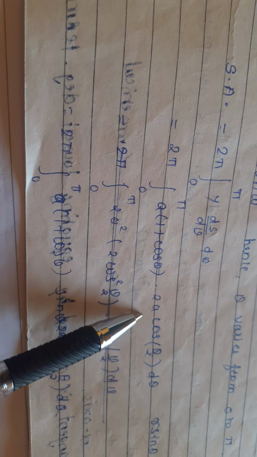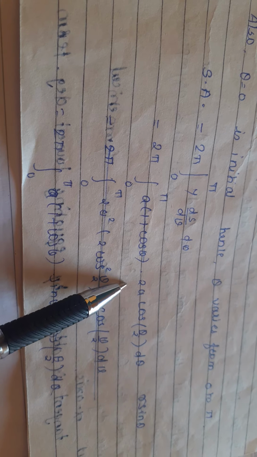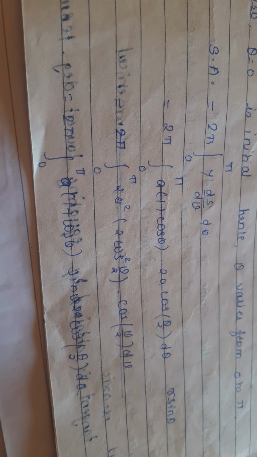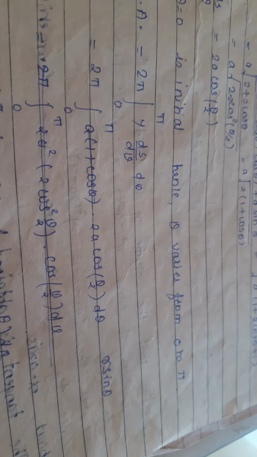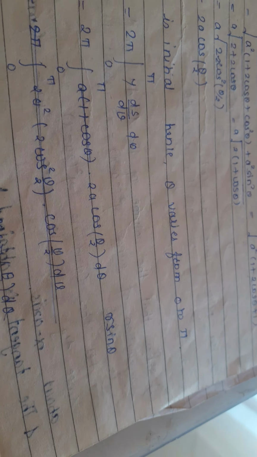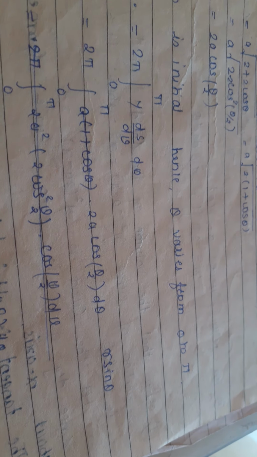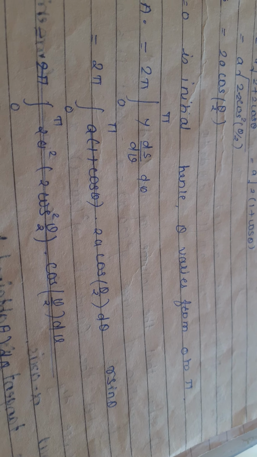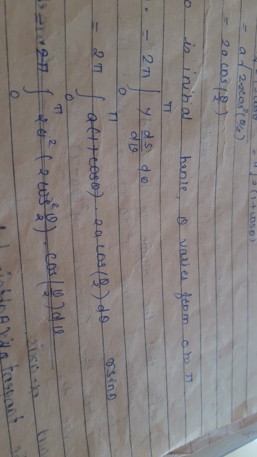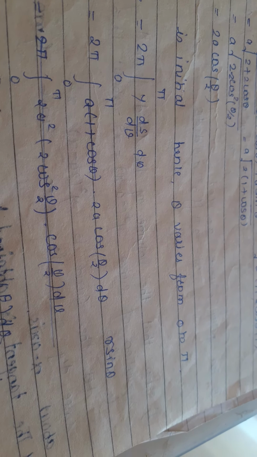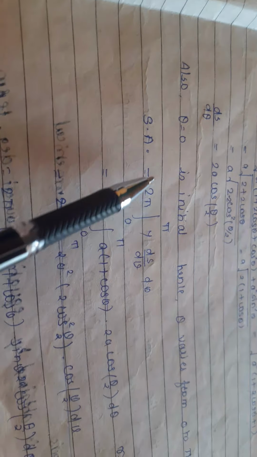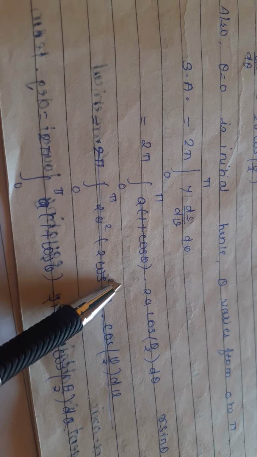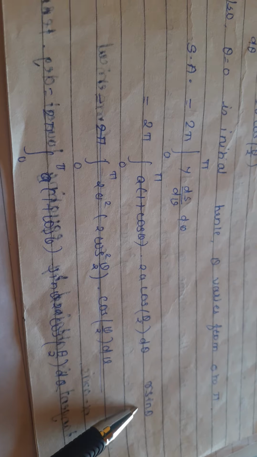Apply the values now, y into ds by d theta, but here in polar form, applying the values we get 2a cos theta by 2 d theta into r sin theta.